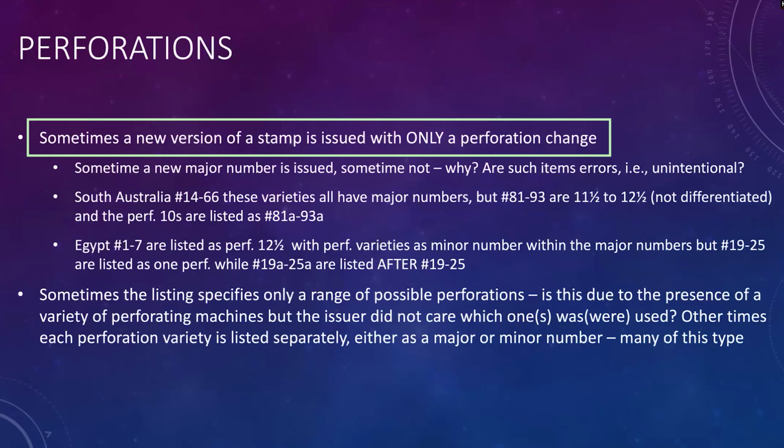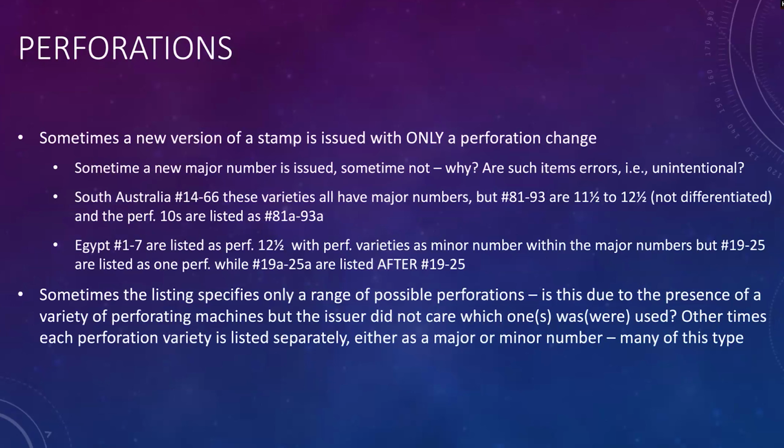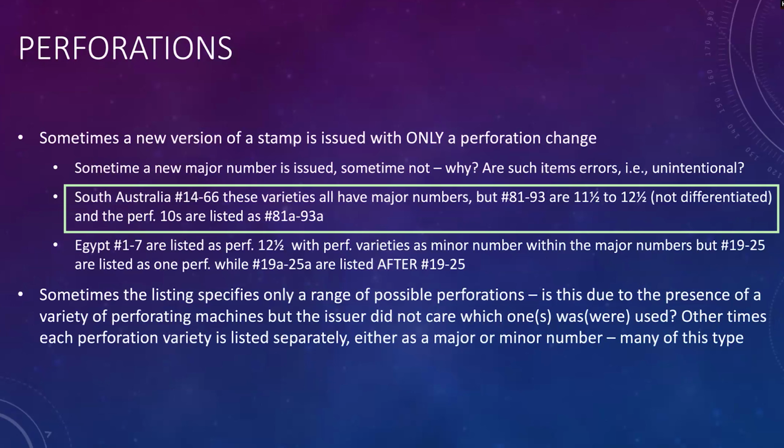Perforations. Sometimes a new version of a stamp is issued with only a perforation change, nothing else. Sometimes a new major number is issued, sometimes not. Why is this? Is this an error on the part of the catalog? So South Australia numbers 14 through 66, these varieties of perforations all have major numbers, but 81 through 93 are listed as perforated 11.5 to 12.5, not differentiated.